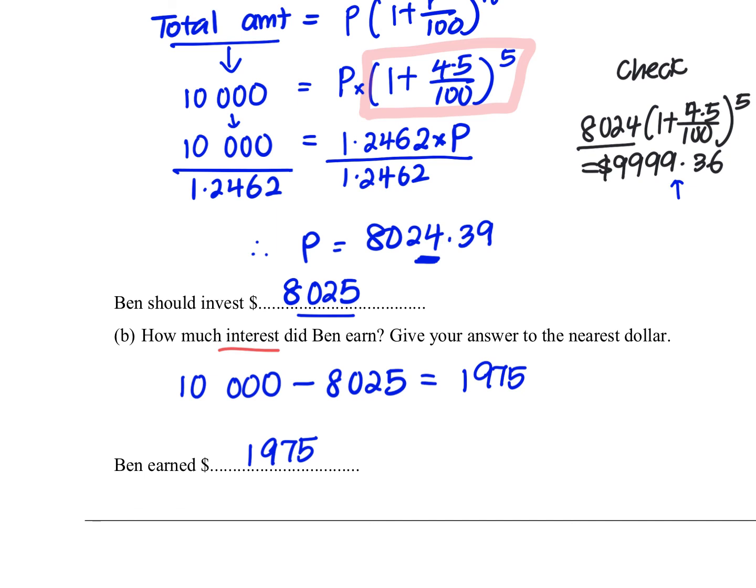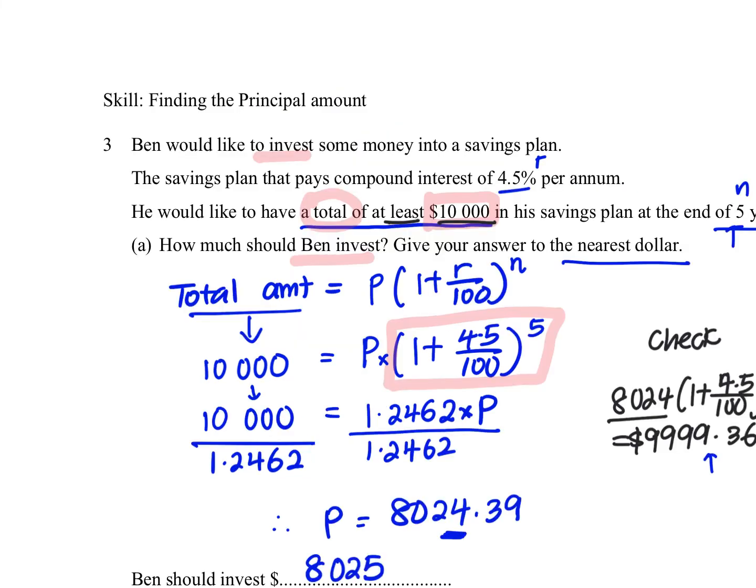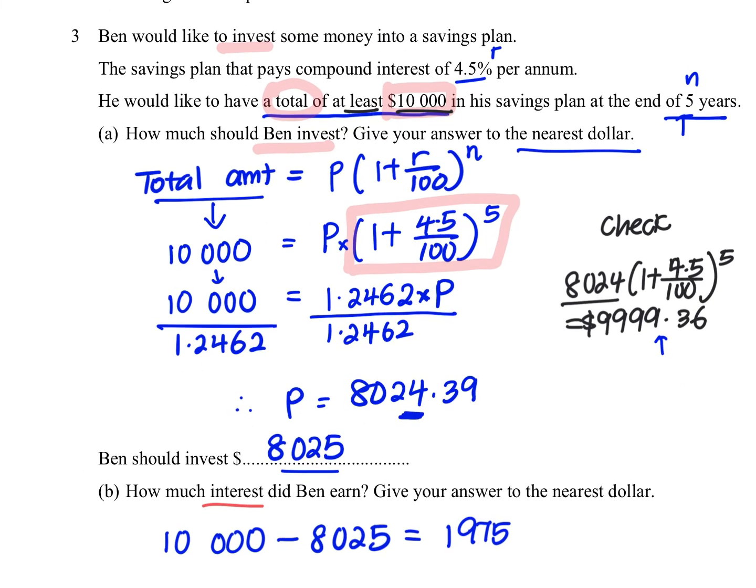So for this type of question, please differentiate. Read the question very carefully. Is this 10,000 the principal amount, or is it the total amount given in the question? Then we use the formula and evaluate this portion over here. Plug in the numbers and calculate this value.